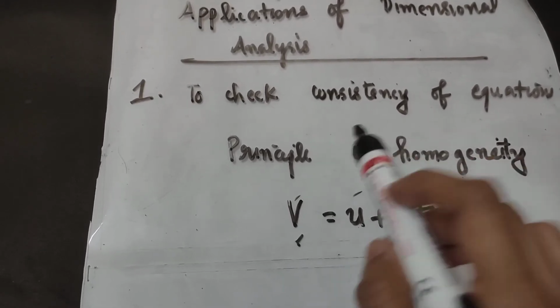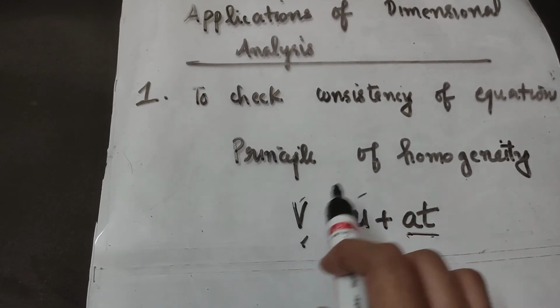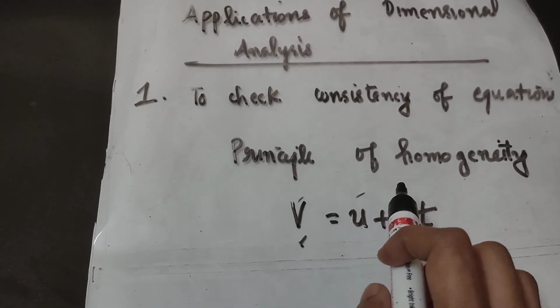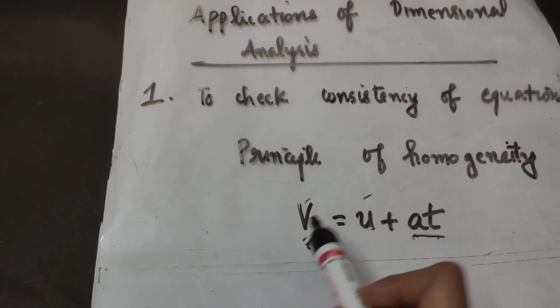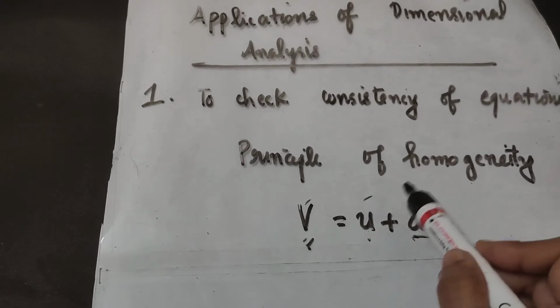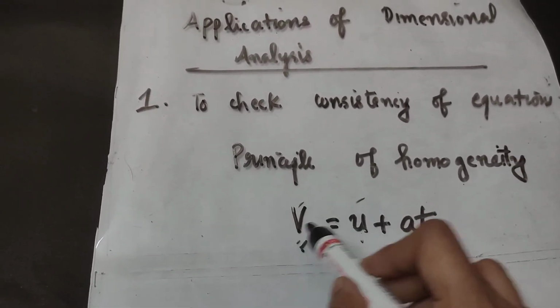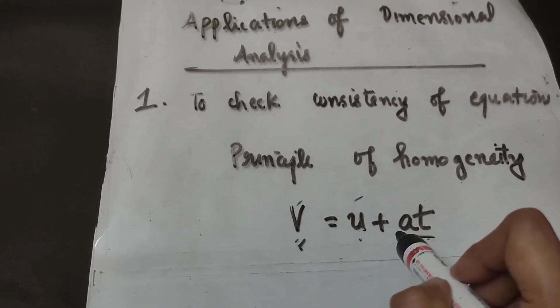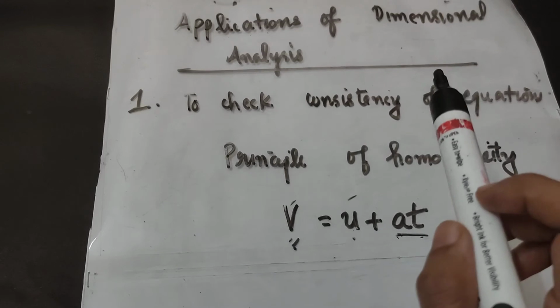Then the dimensions of all the terms occurring on both sides of this equation are the same. That is, the dimension of v is equal to the dimension of u, which must be equal to the dimension of at. If all the terms have the same dimension, then we can say that this equation is a correct equation.